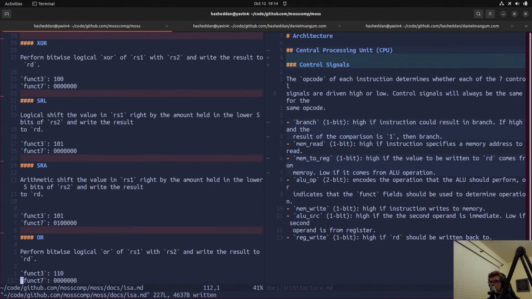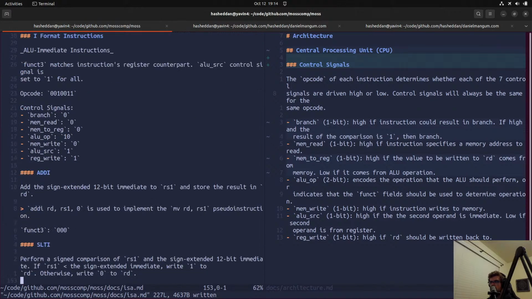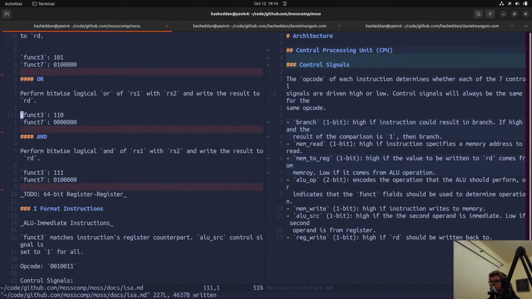And let's see, one other thing I wanted to do. Unfortunately, the funct3 and funct7 here get formatted on the same line, which is not ideal. There we go. That A to backtick is a weird reach.